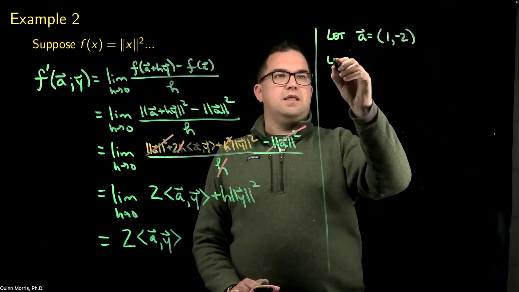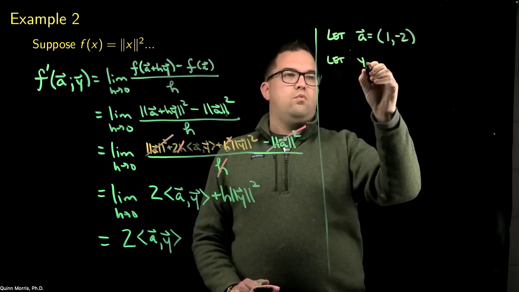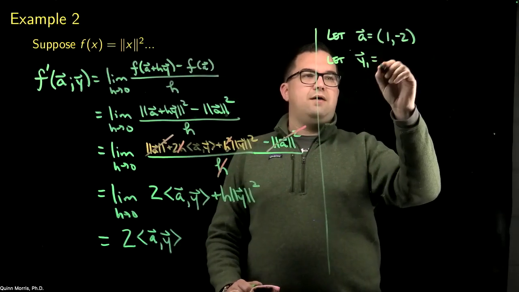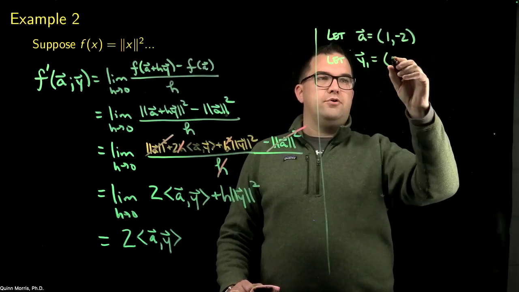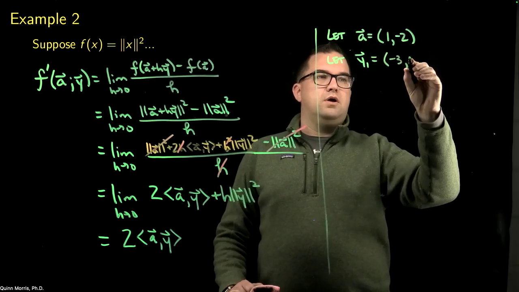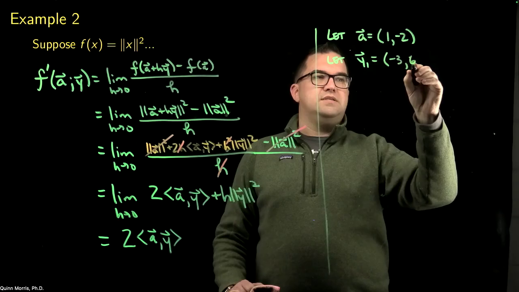And then we're going to look at 2 different y values. Let y1 be the vector (-3, -36).